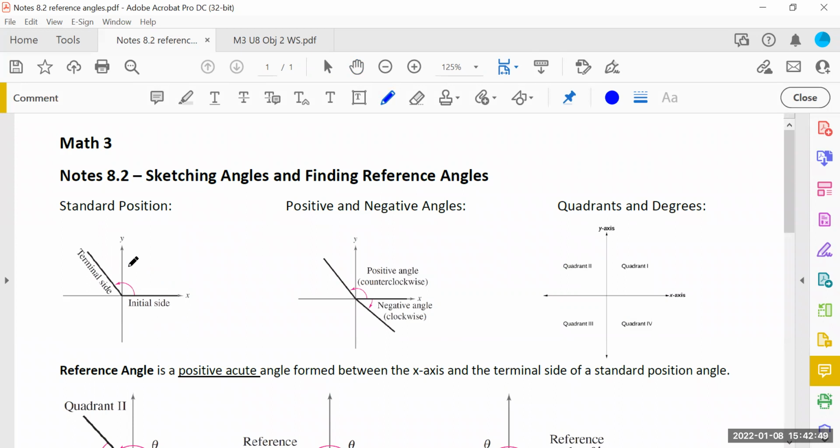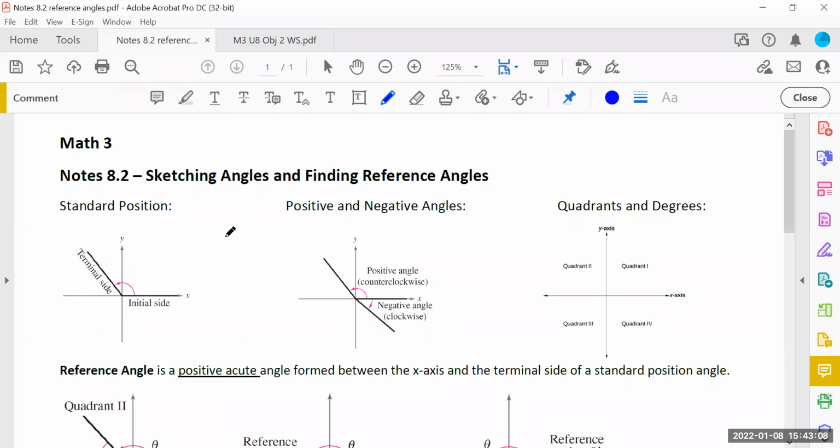Now, those would be positive. You can go negative angles. Those go clockwise, so they go the other direction. So every angle, if I'm measuring it here, I can go positive and get there, or I can go negative and get to the same place. So we can have equivalent angles as well that are written in different ways.